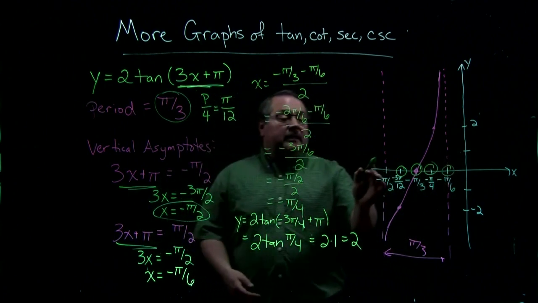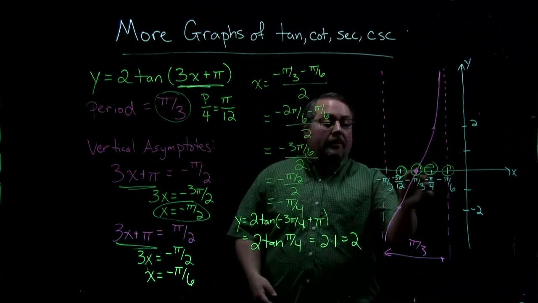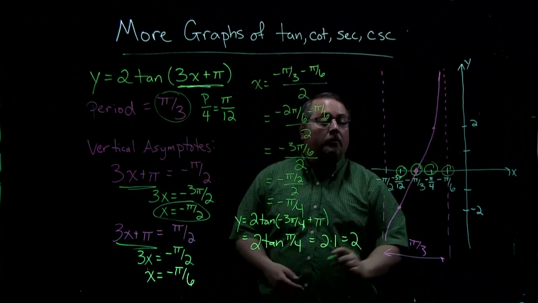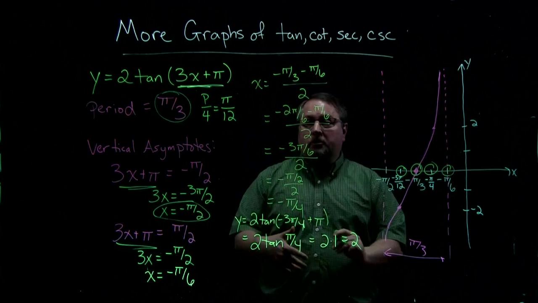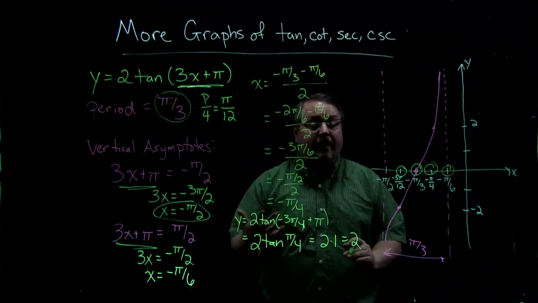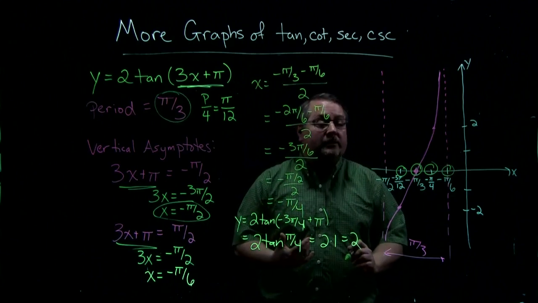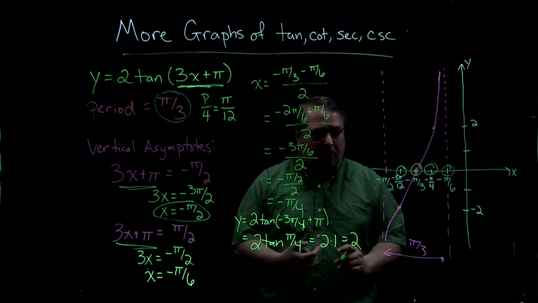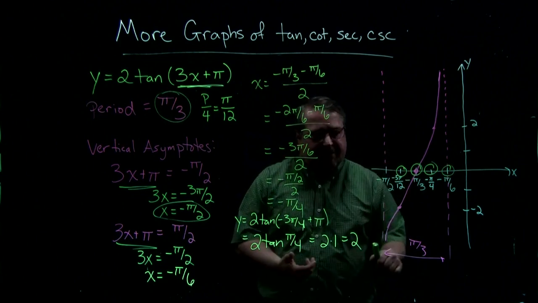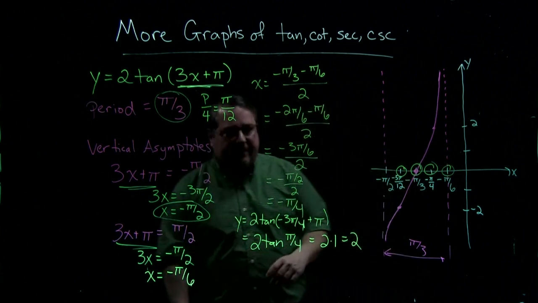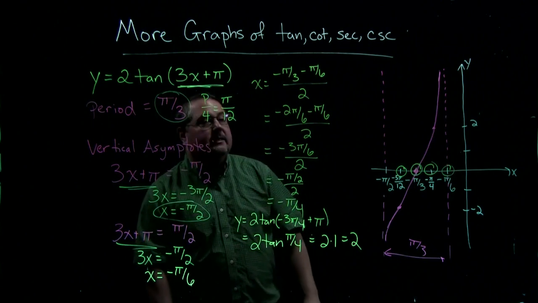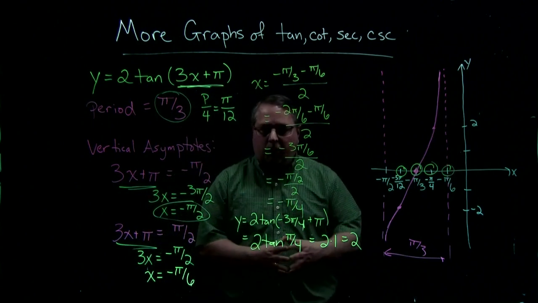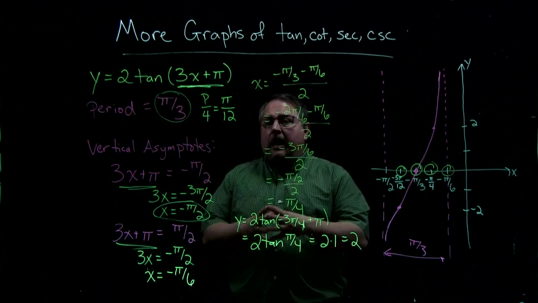So we can find the x-coordinates of these three middle points by adding quarters of the period the same way we did to find the quarter points of sine and cosine graphs. So you can work through it that way if you want. I tend to just take averages because I think it's a little bit easier than adding fractions together, but you can certainly work through it that way as well.